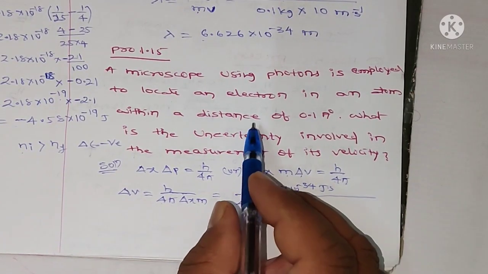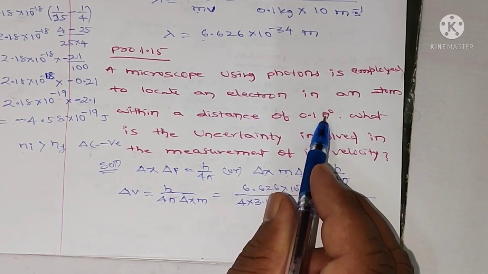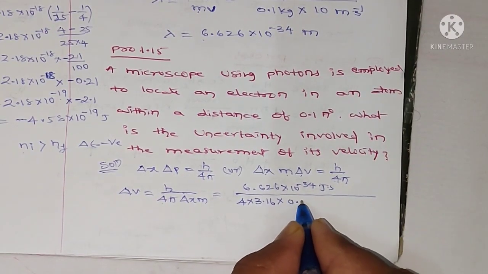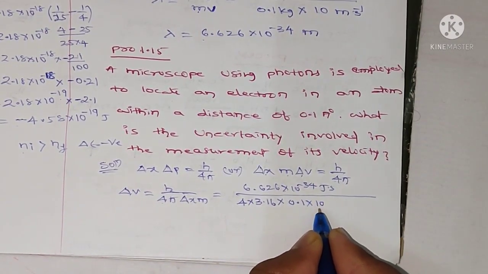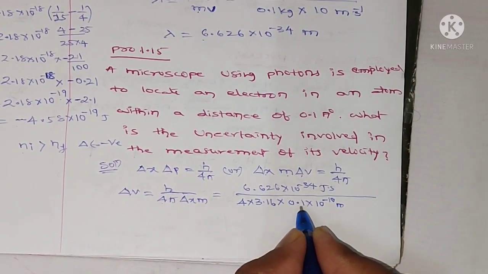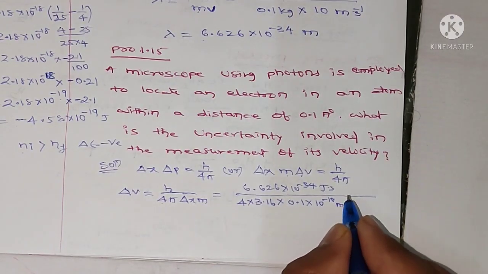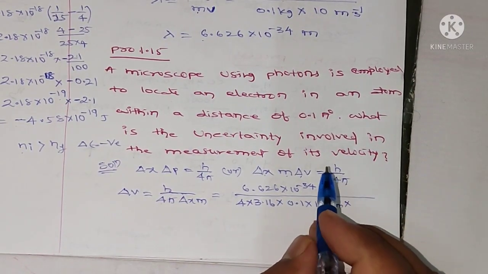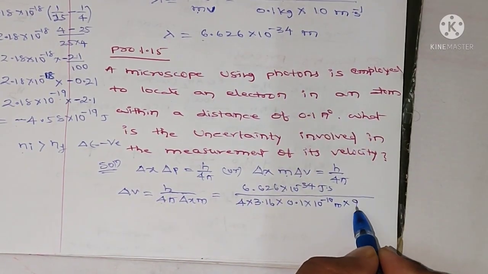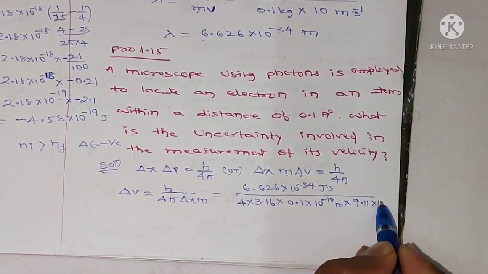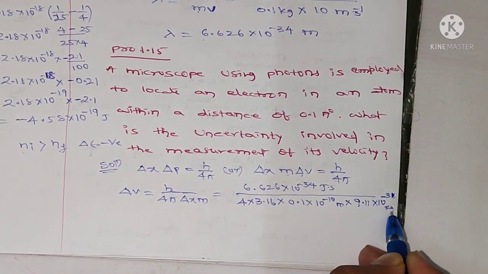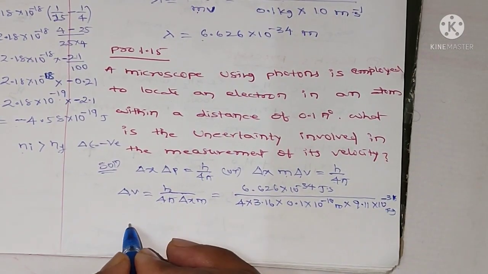So here the distance is 0.1 angstroms. So we have to convert into meters. So 0.1 into 10 to the power of minus 10 meters, since 1 angstrom is equal to 10 to the power of minus 10 meters, into the mass 9.11 into 10 to the power of minus 31 kg.